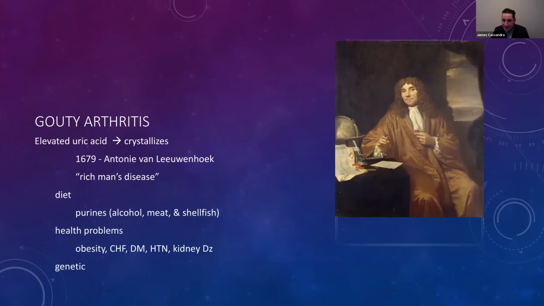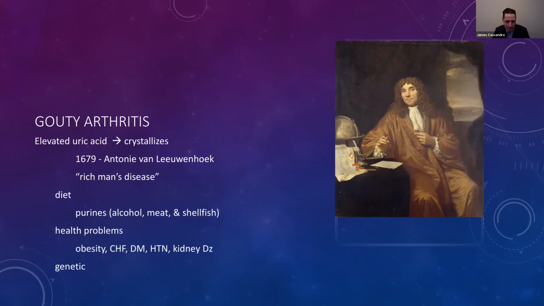In 1679, this gentleman, Anthony van Leeuwenhoek, characterized this as a rich man's disease, usually kings or patients that are eating much better. The elevated uric acid leads to crystal deposition into the joints and synovium. It's related to different components.